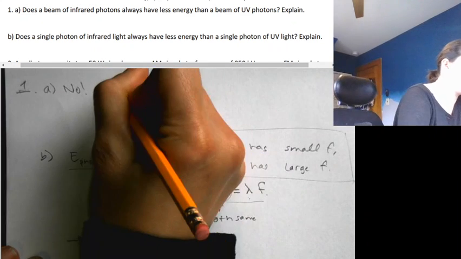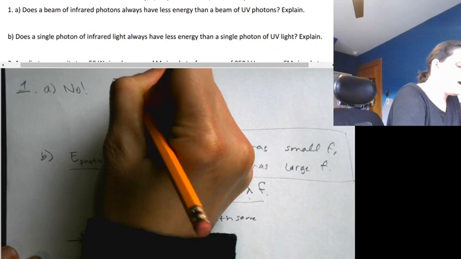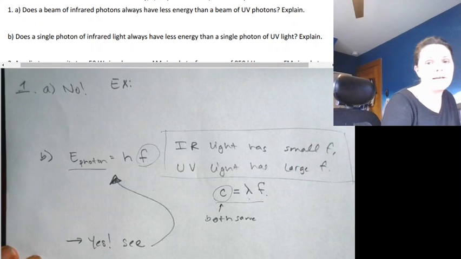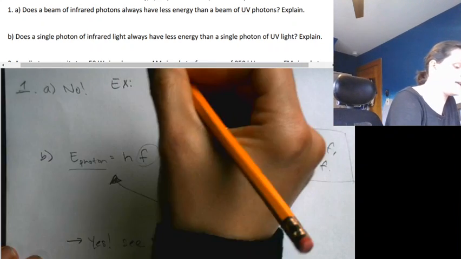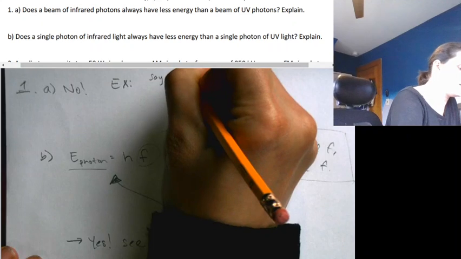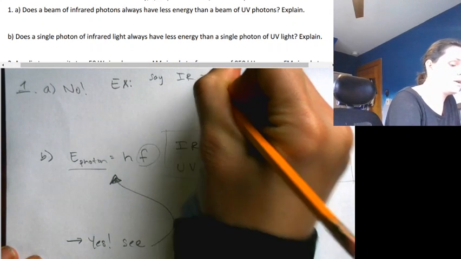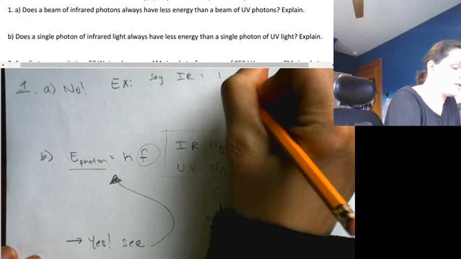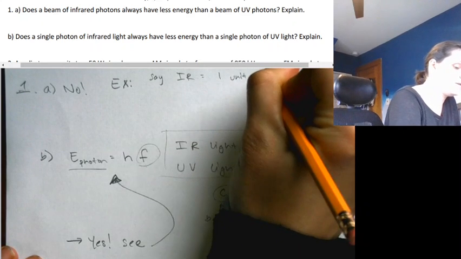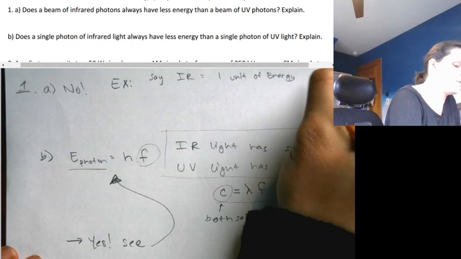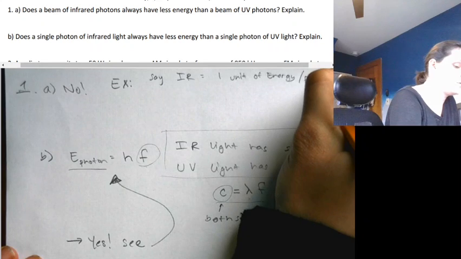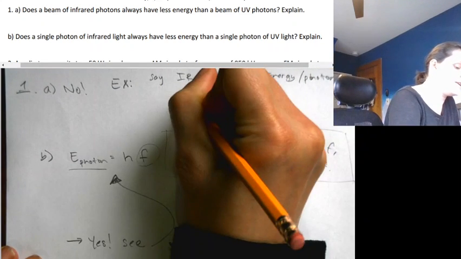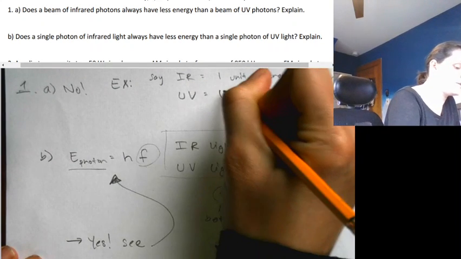So let's just say we'll have an example. I'll make up energies. Let's just say IR has one unit of energy per photon, and UV has 10 units of energy.